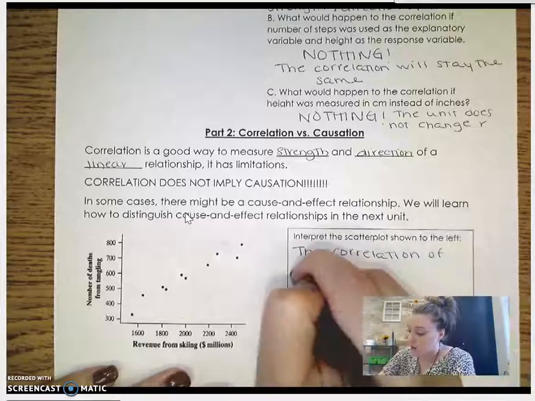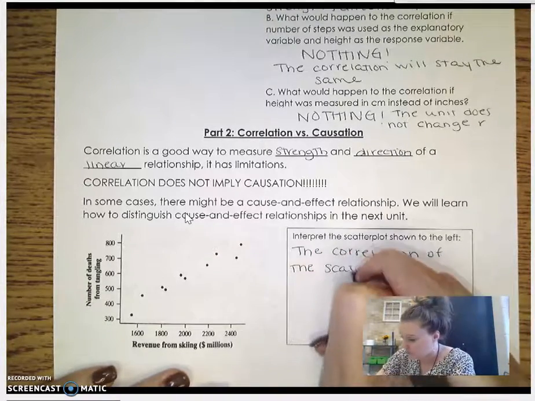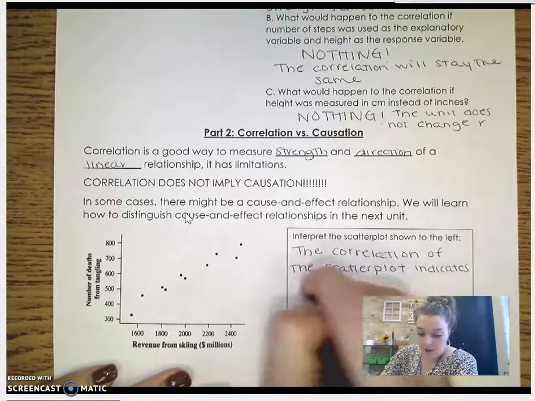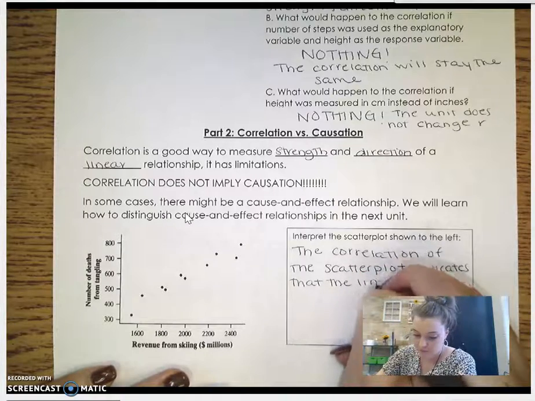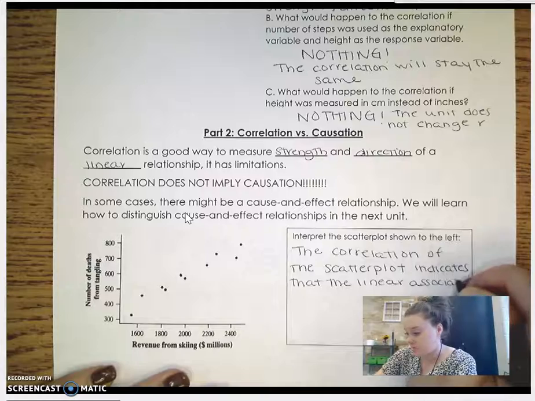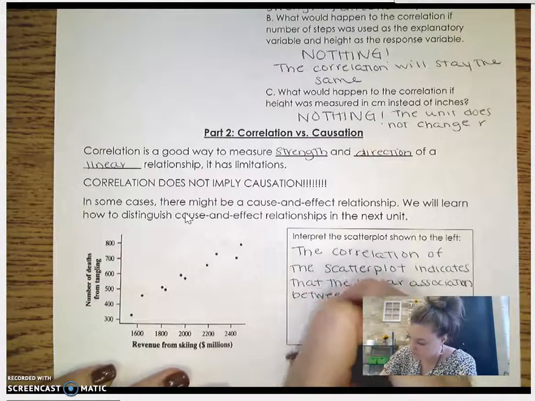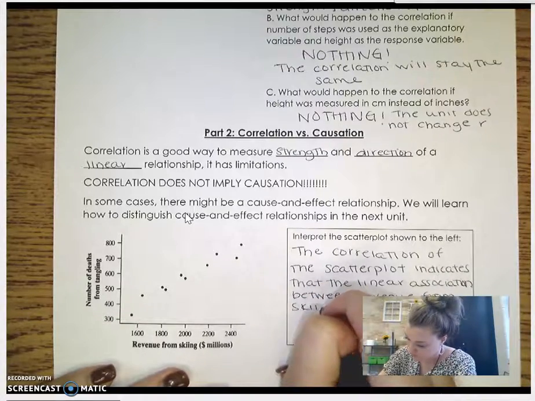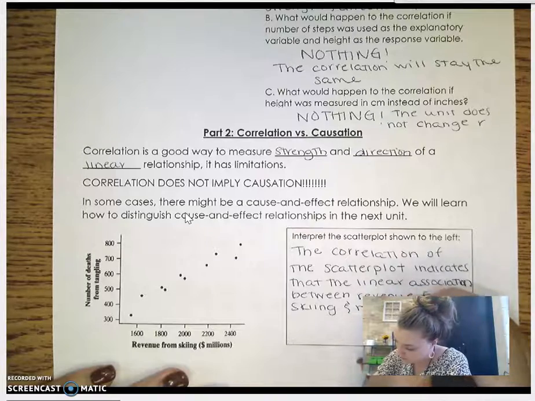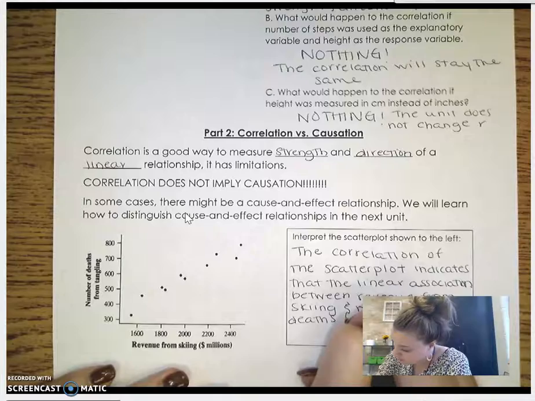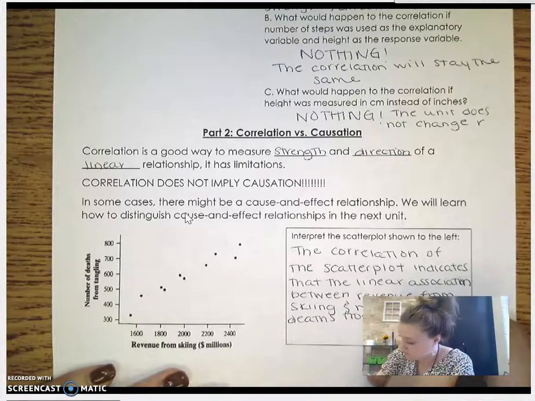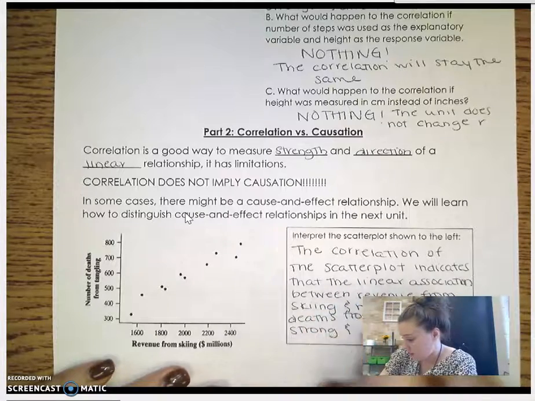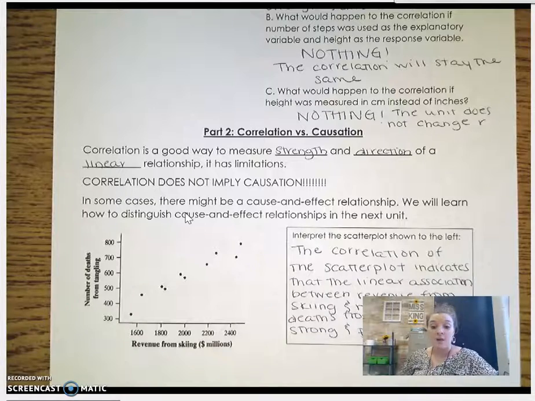So the correlation of the scatter plot to the side indicates that the linear association between revenue from skiing and number of deaths from tingling is strong and positive, and that's a good enough interpretation because it's strong.